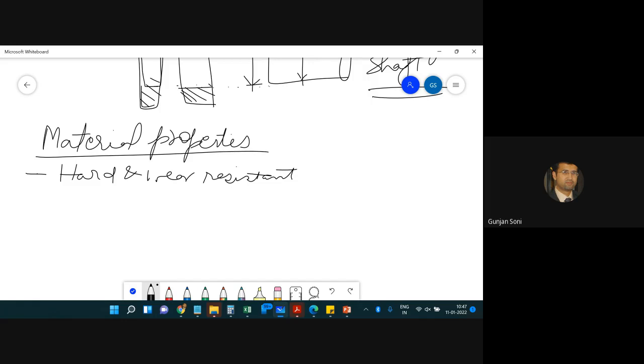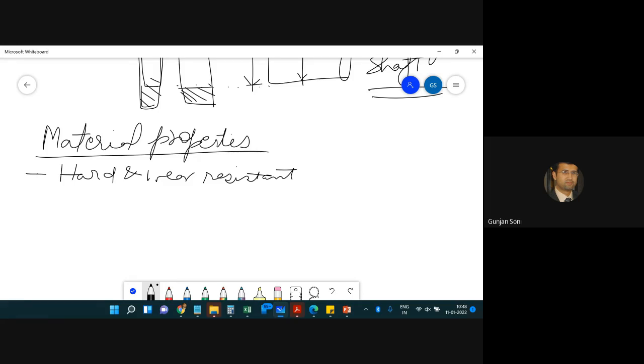They should be hard and wear resistant for the simple reason that they have to slide over the objects continuously all the time. Otherwise their dimension may reduce over a period of time. If you have made a go and no go gauge, we use a very high degree of tolerance in making. We have seen earlier that the tolerance grade for these kinds of applications is very high, IT0 kind of grade. If we are giving such close tolerances, they should not fade away quickly.